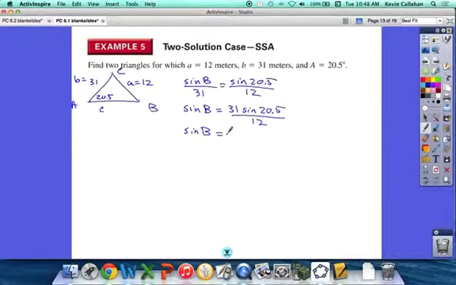Okay, 31 sine 20.5 divided by 12 is 0.9047. Which means angle B, using the sine inverse, second answer, is 64.8 degrees.